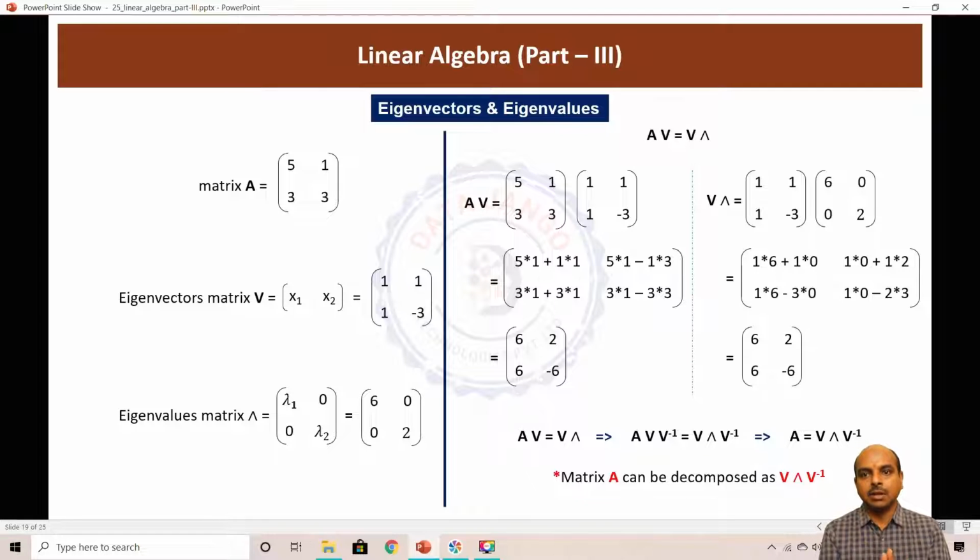In the coming session, we will understand singular value decomposition, which is used extensively in many areas like recommender systems, word vector creation, and semantic analysis, and another concept in NLP. Okay, thank you.